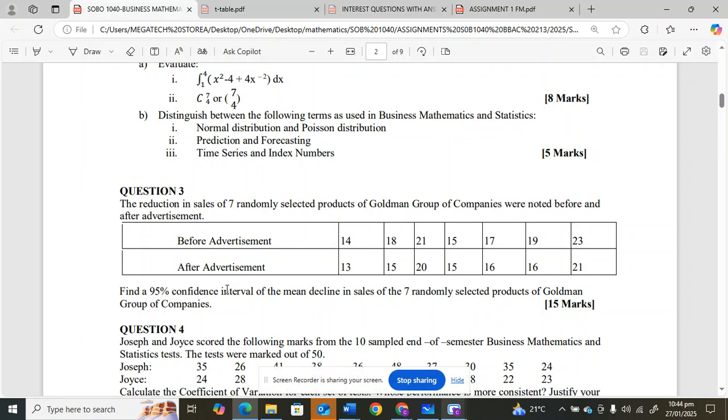So when we say 95% confidence interval, when you conduct this test 100 times, 95 times, that drop in sales is going to be between 4 kwacha and 2 kwacha. Any number between those amounts.